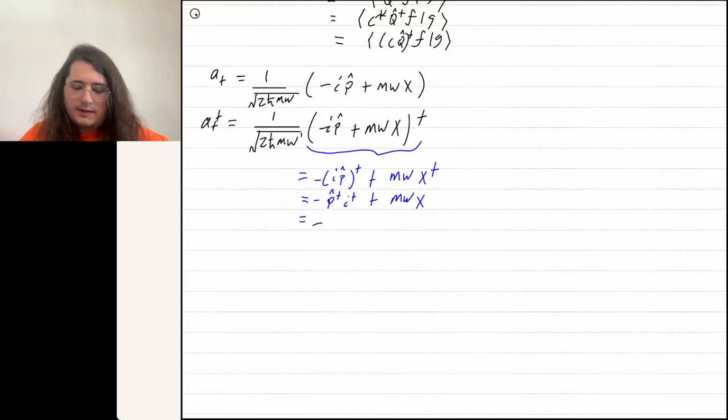So we need the definition of the momentum operator now, as it turns out. That's just minus i h bar d dx, and that's being conjugated. The Hermitian conjugate of i is minus i, and we still have it plus m omega x.